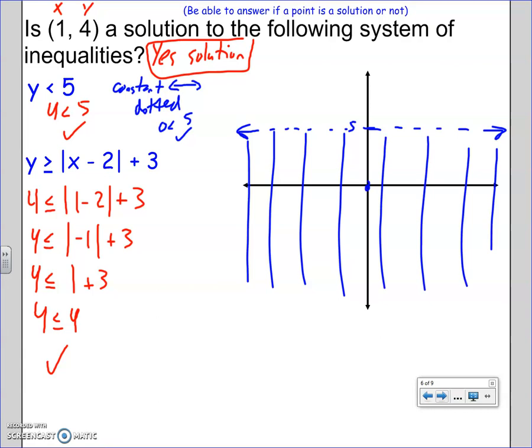Try this other one. That is absolute value. It's a V shape. It is right 2, up 3, solid. So from 0, 0, I'm going to go right 2, up 3. Let's call it 2, comma 3. Draw a V. I'm not stretching or compressing it, and it's solid.